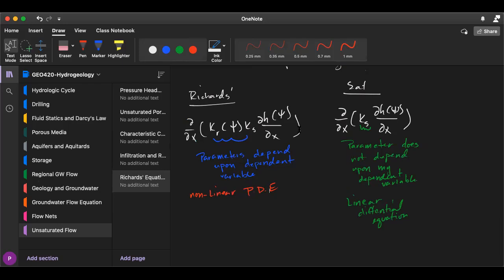They're not correct. That's a linear partial differential equation. It doesn't mean I can solve it, but it's linear. Richards' equation is nonlinear. And the fundamental difference is this: the parameters depend upon the dependent variable in this nonlinear PDE.